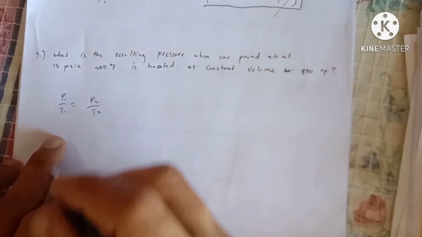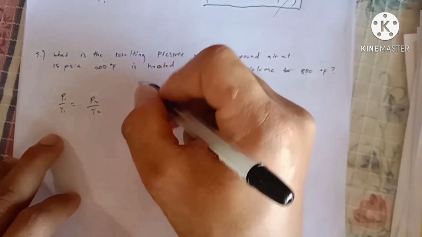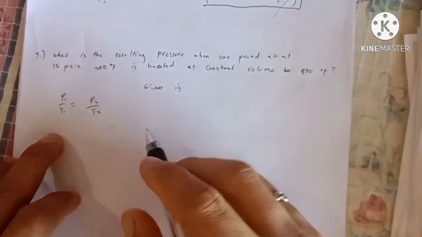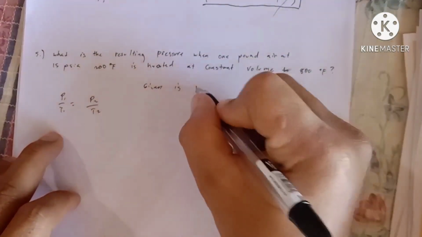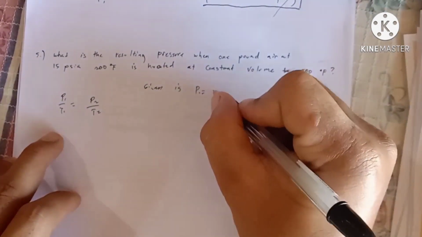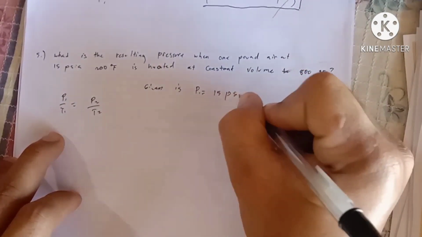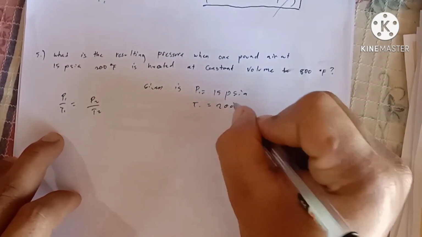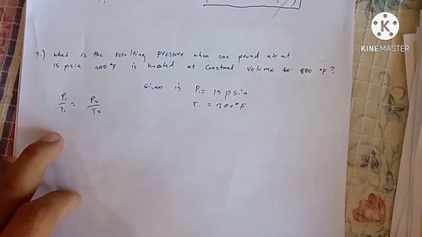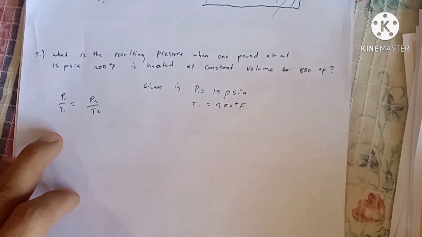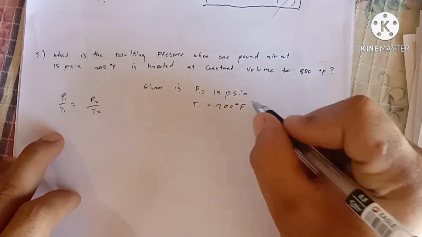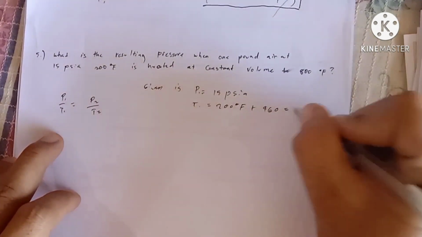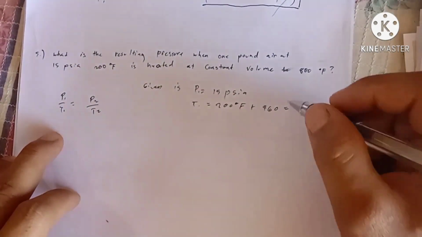Since the given is P1 equals 15 psia, temperature 1 equals 200 Fahrenheit, plus 460 in order to get the temperature in Rankine.